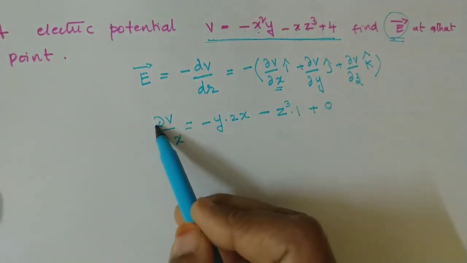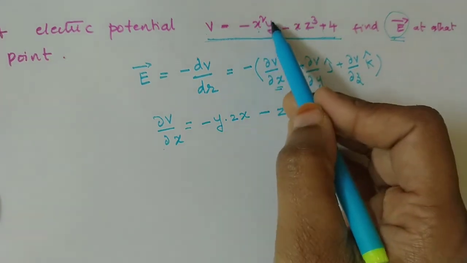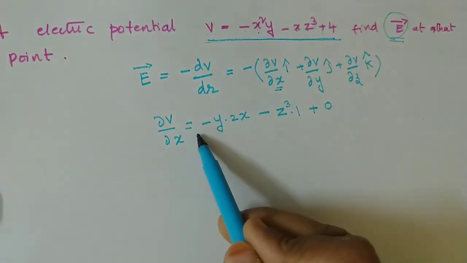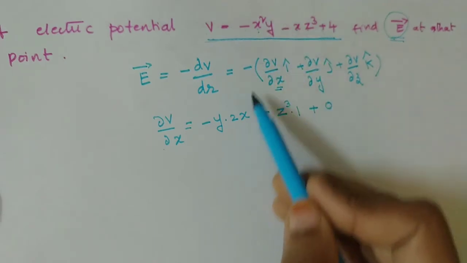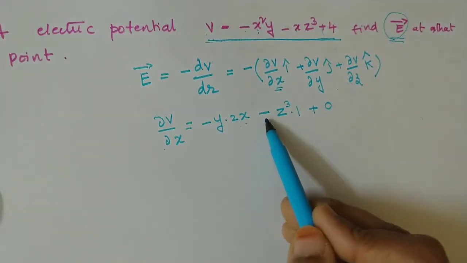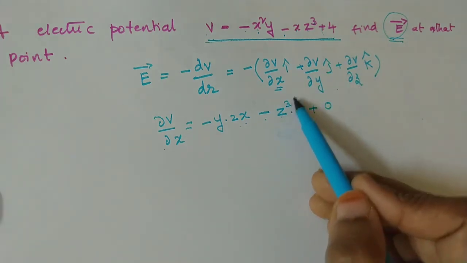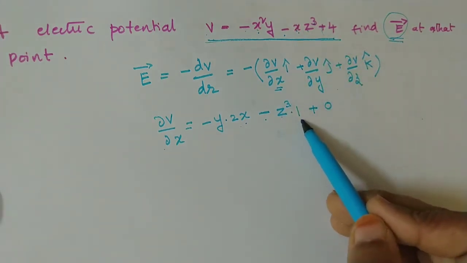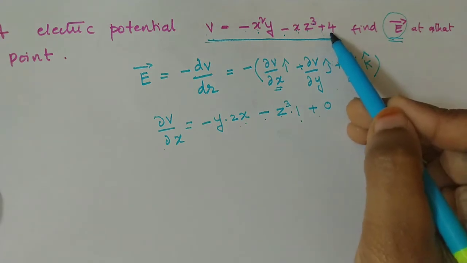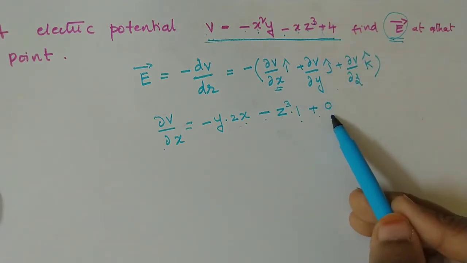So dou v by dou x would be, y is taken as constant, so minus y. Differential of x square is 2x, minus, z cube is taken as constant, differential of x is 1, plus differential of 4 is anyway 0.